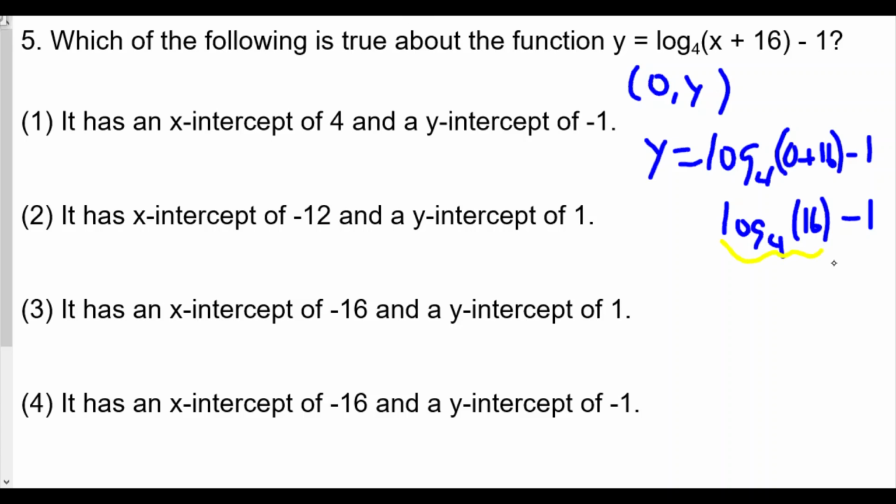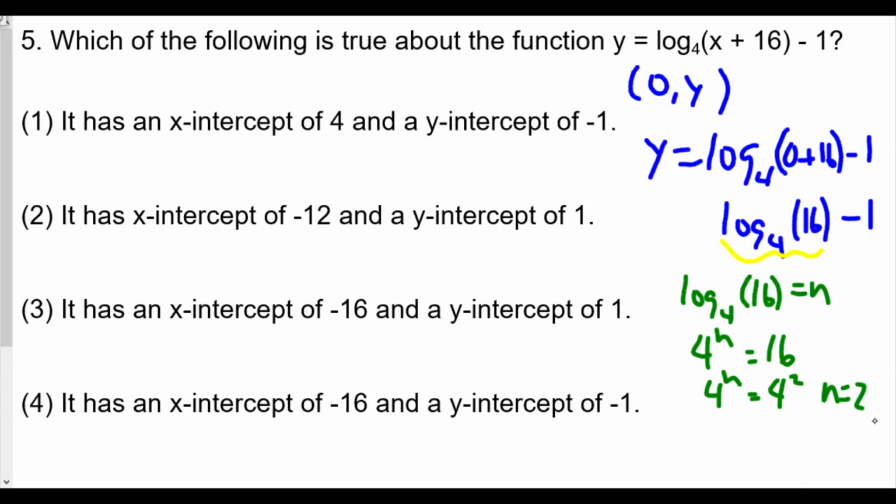We'll call that n, so log base 4 of 16 is equal to n. Rewriting this as an exponential equation, 4 to the n equals 16, 4 to the n is equal to 4 squared, n equals 2. That must mean that y is equal to 2 minus 1, or 1.